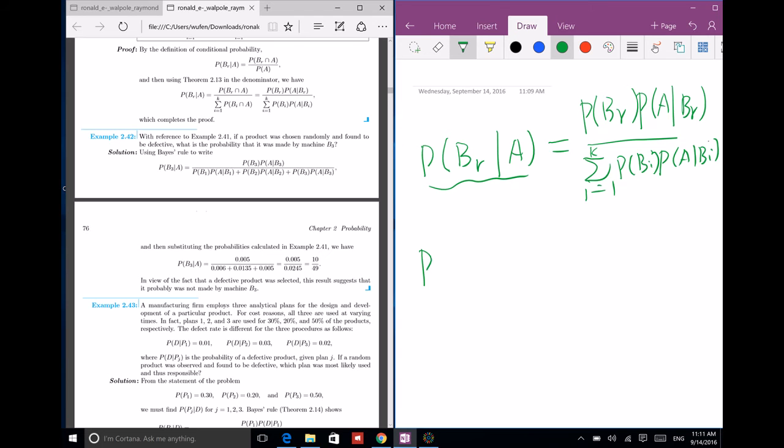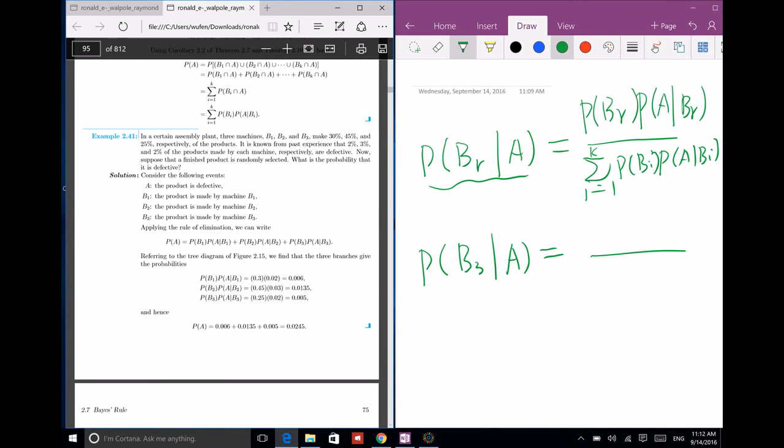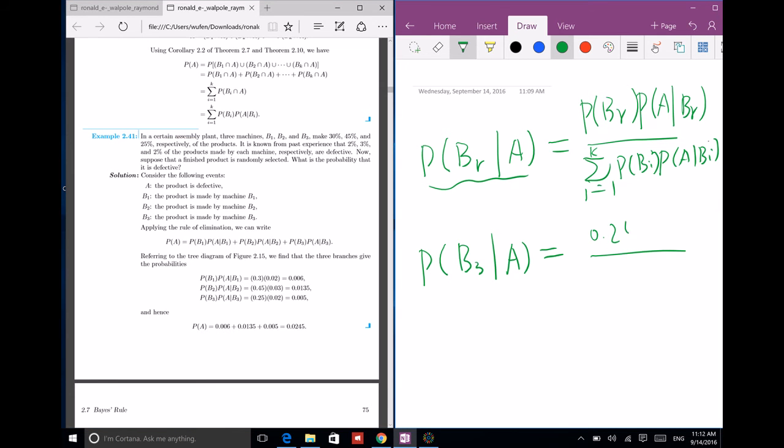So now we want the probability of B3 given that the product is already defective. In the previous example, we know that the probability that a product is from B3 and is defective is 0.25 times 0.02, since 25% is from B3 and the probability that it is defective is 2%.